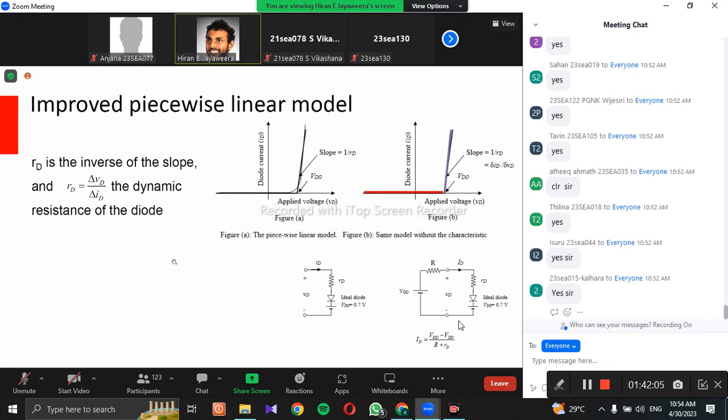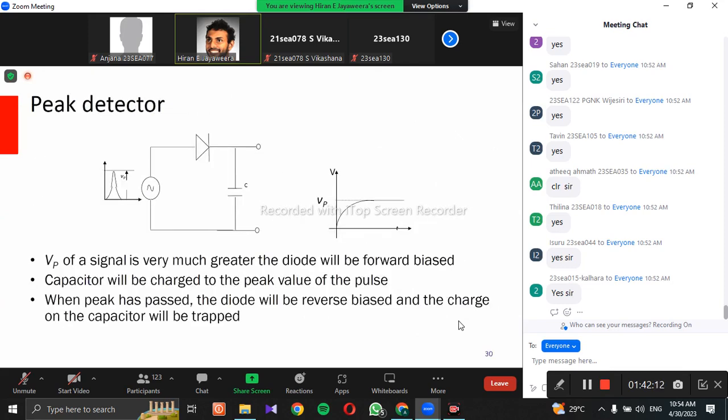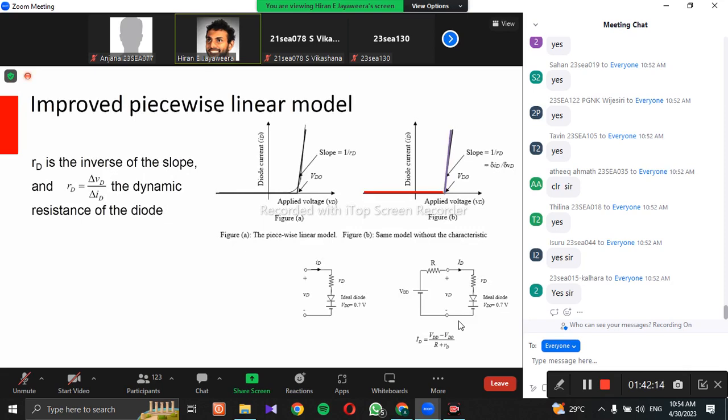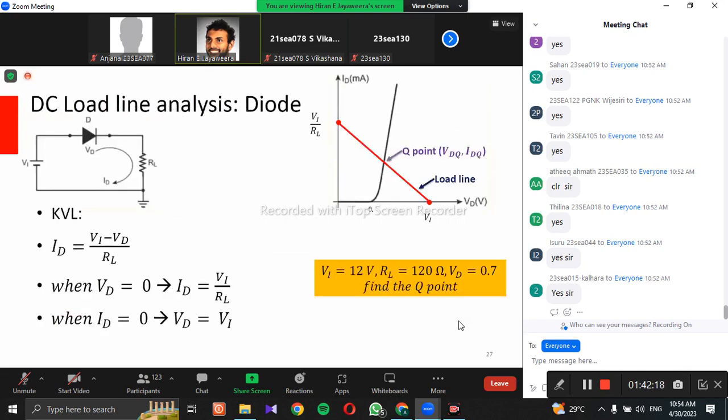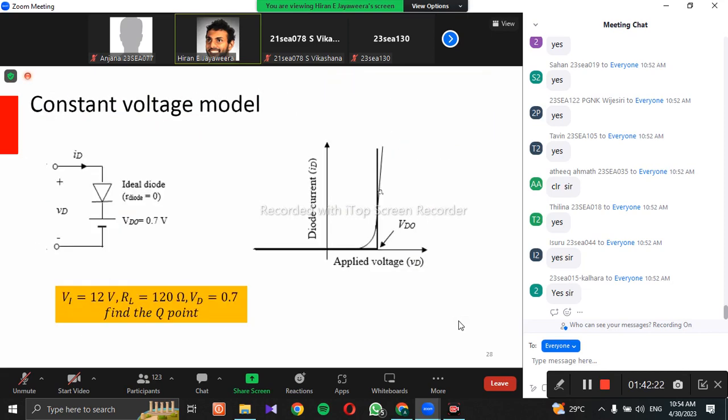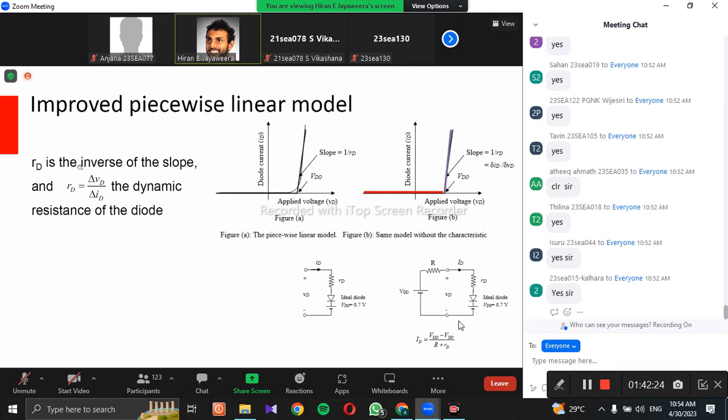Then there are other models also, like piecewise linear models you can use. When you have a complex curve, the exponential curve, it's very difficult to handle. So there is another model called the piecewise linear model.